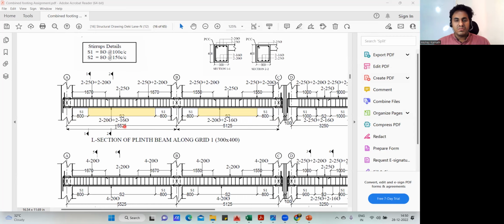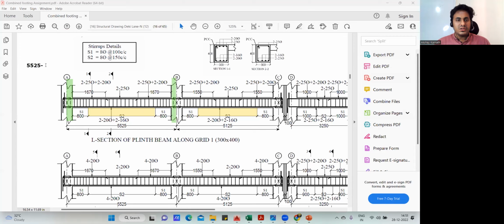Okay, I'll do it for this. So how much will I get? I'll write here 5525 minus. I'll deduct half this column. If I deduct half column from the center, will I not get the distance from inner to inner of the column? From this column inner to this column inner, I get. So this is 250 from the right side, 250 on the left side.